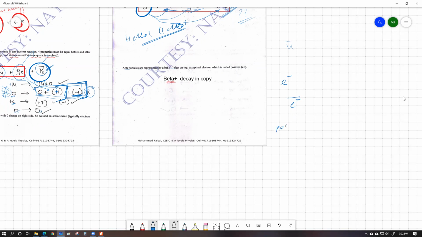They decided to call it positron, and the sign of the positron was designated to be e plus. So electron is e minus, antiparticle of electron is e plus. This is the only notation that is slightly different from the other ones. For all the other antiparticles, you just replace with a bar. So up quark is u, anti-up quark is u bar, electron neutrino is like this, anti-electron neutrino is like this, and so on and so forth. Exclusively for the electron's antiparticle, we call it positron, and its symbol is given by e plus.